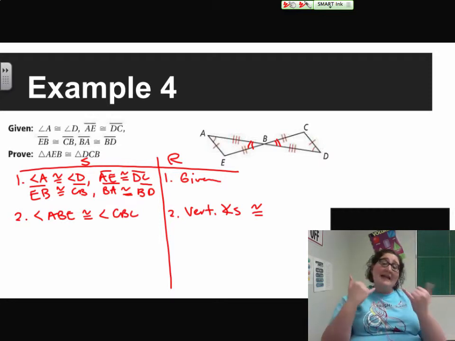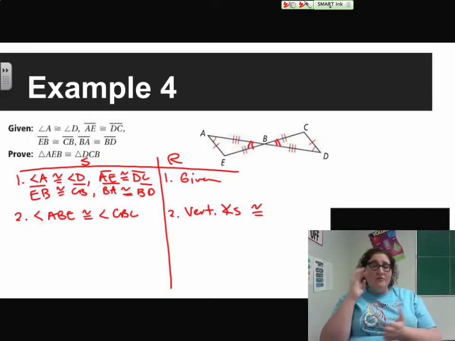Now the nice thing is I don't have to go through and prove that E is congruent to C and make a long proof.